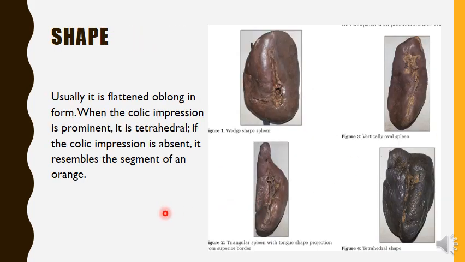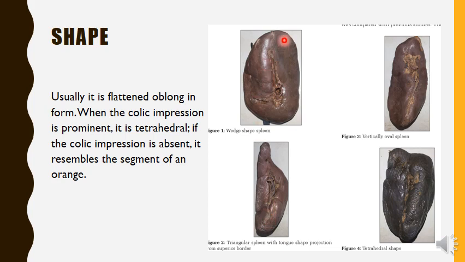Now coming to the shape of the spleen, usually it is flattened oblong in form, and it depends on the colic impression. Now what is this colic impression? In all these images, the surface you are seeing is called the visceral surface of the spleen. It is named visceral surface because it is related to the viscera.